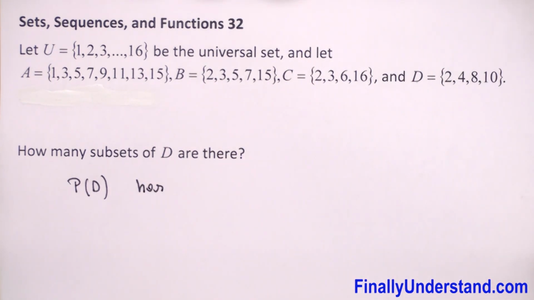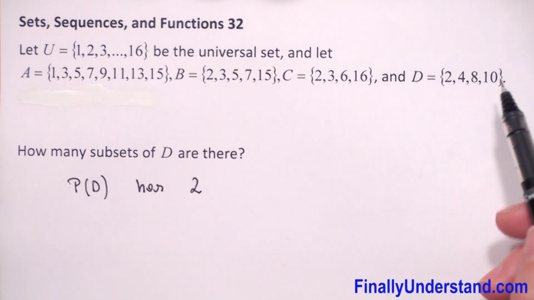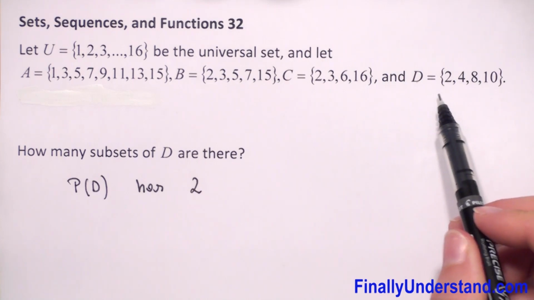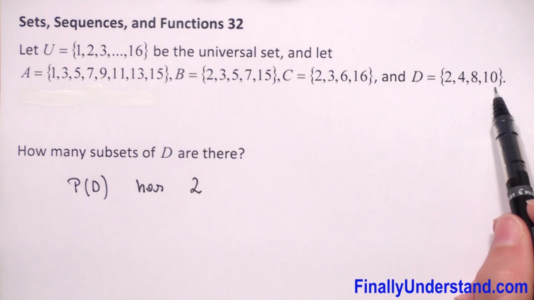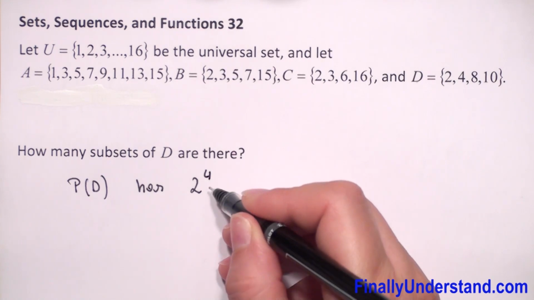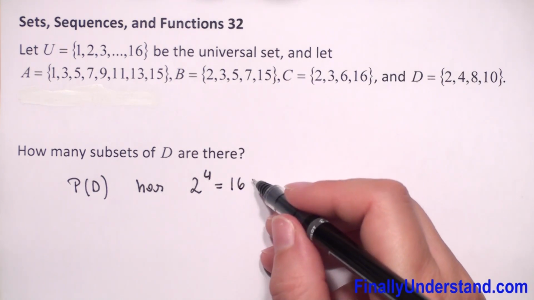in our example, the base is always 2. We have to count how many elements we have in set D. We have 1, 2, 3, 4 elements. So we will have 2 to the 4th power, which is 16 elements.